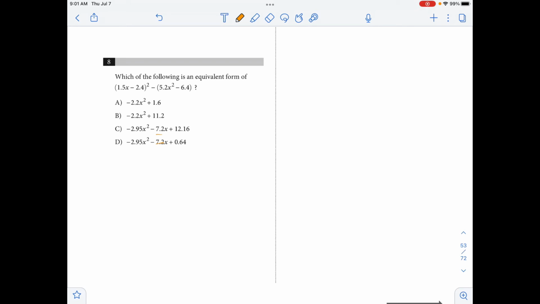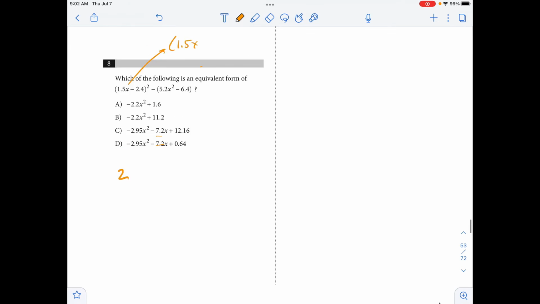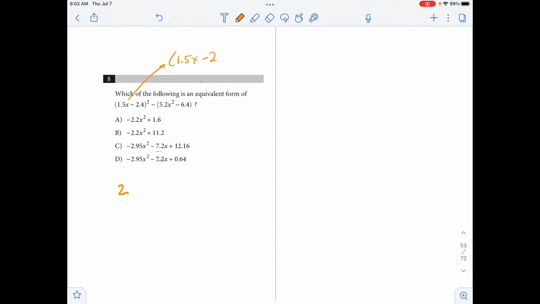So if we FOIL it out, because we can think of this as 1.5x minus 2.4 times 1.5x minus 2.4, and then we do the FOIL method, first, outside, inside, and last, to figure that out.